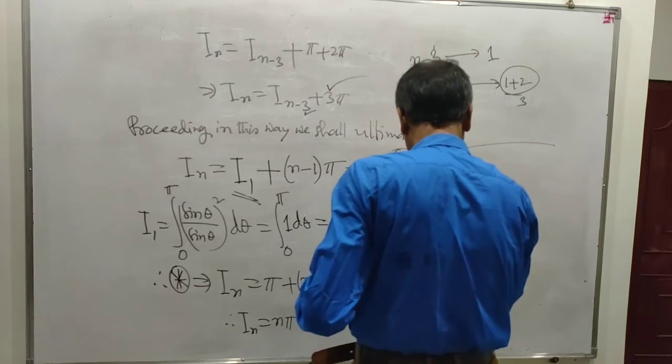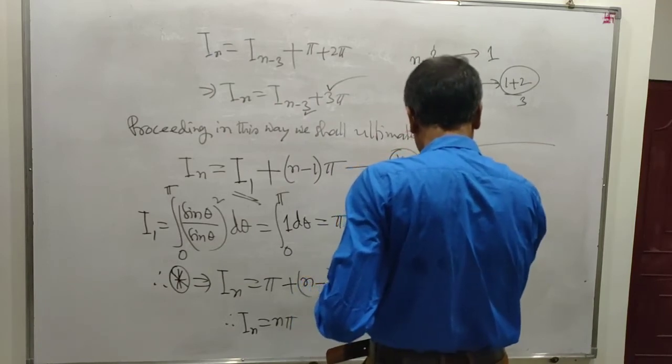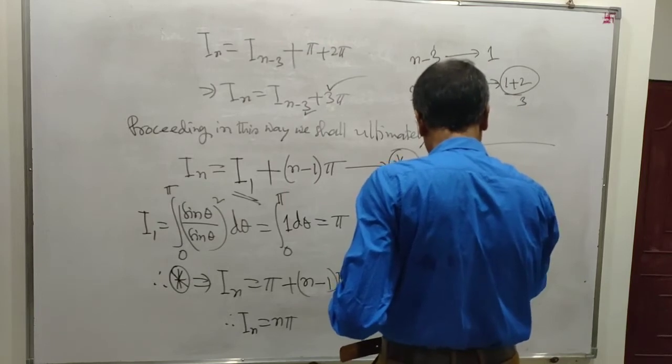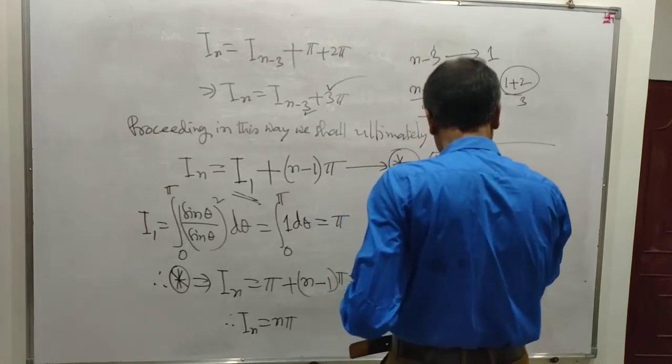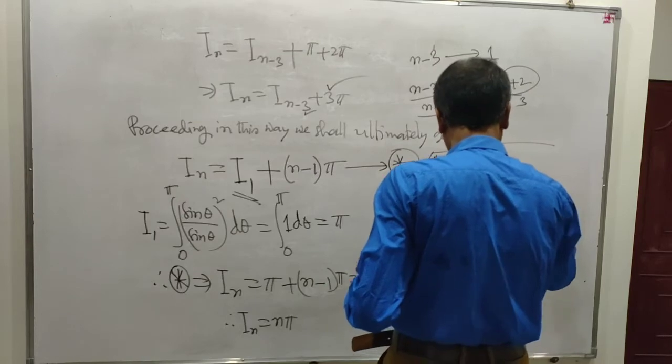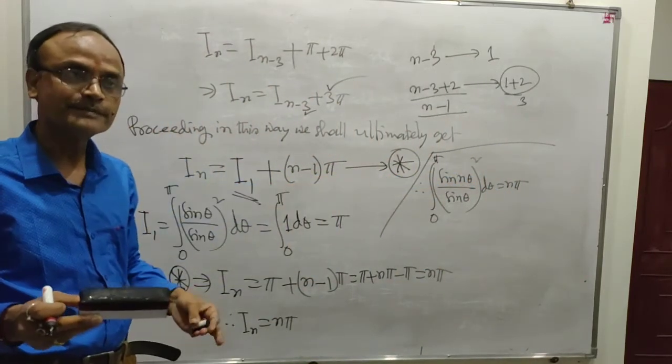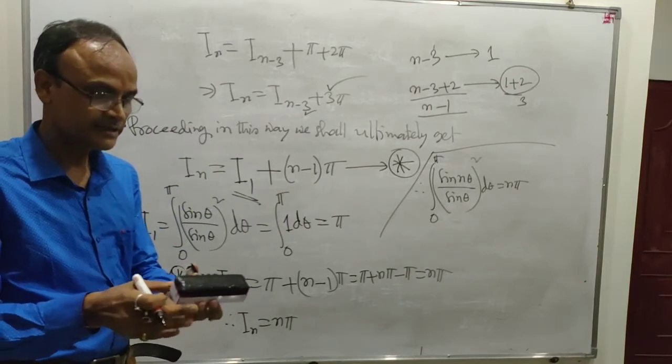Therefore, we have got 0 to pi sin m theta divided by sin theta whole square d theta equal to m pi. We have got this one, m pi.